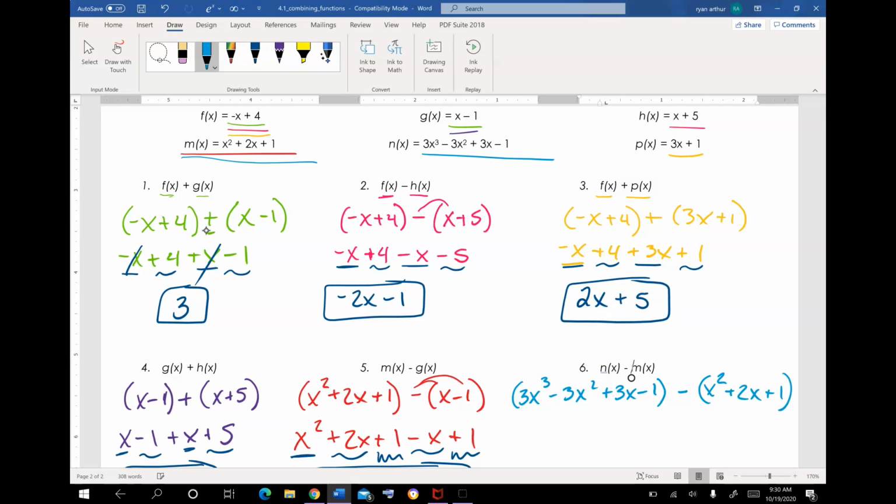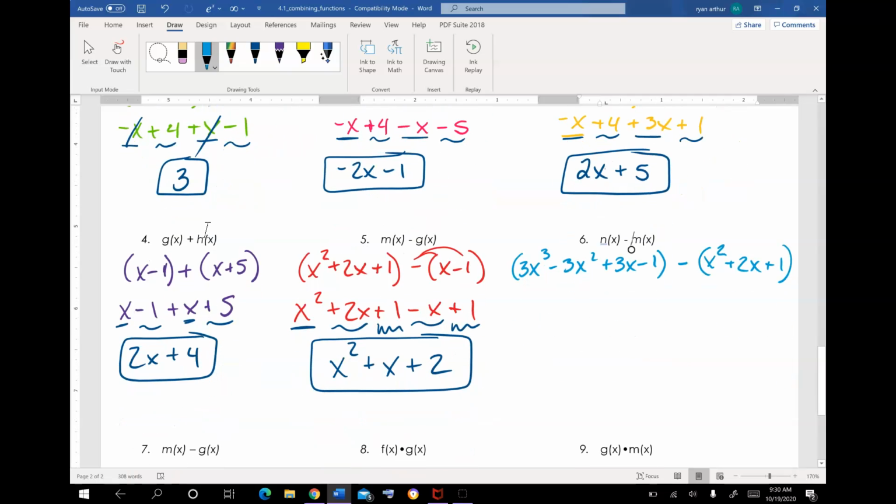Now, since this is a subtraction, the first parenthesis stays the same. You distribute the negative. Okay? And then we're going to combine the like terms.